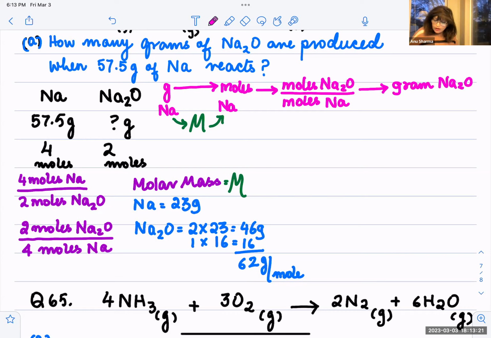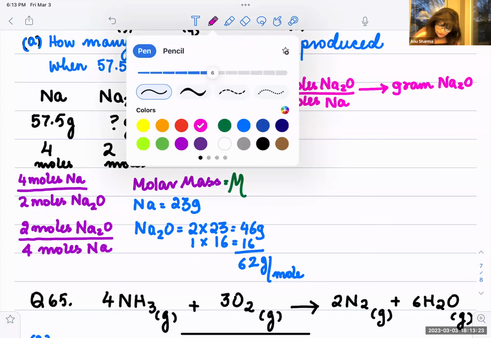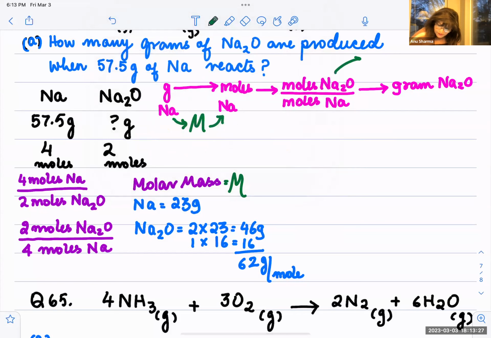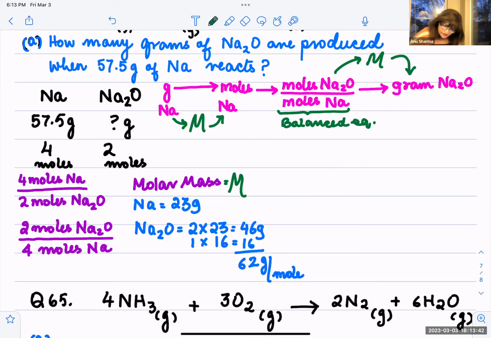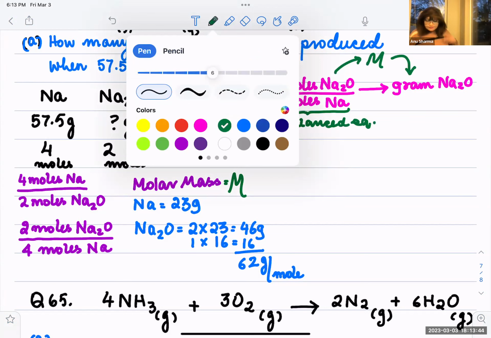How are you going to do that? In this case also, you are going to go by the molar mass. Now this piece is from the balanced equation. Okay, now let's do this first.